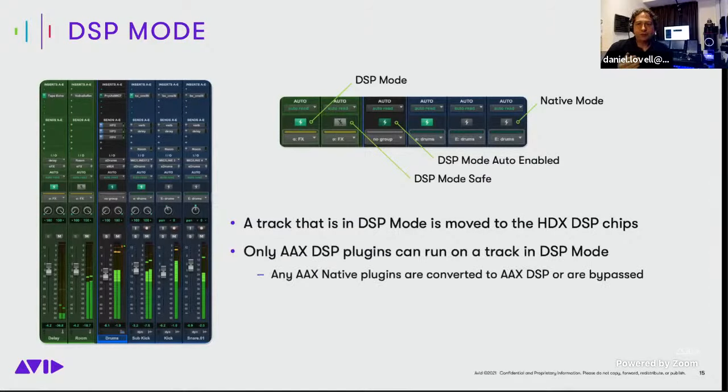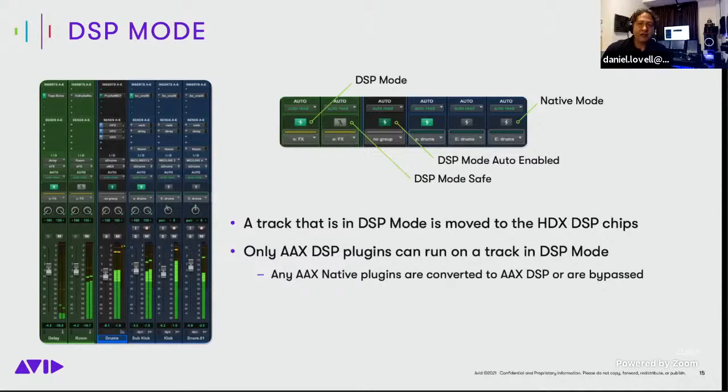But it's just to maintain that low latency path with as little management as possible, because as HDX users now will know, sometimes you have to be a little bit careful about how you make a session to make sure that you keep the system running low latency and don't add too many of those DSP to native hops. You can actually exceed the capability of the delay compensation by doing that too many times. So this makes it a lot easier to work through.